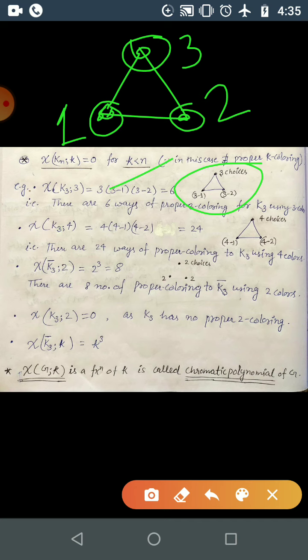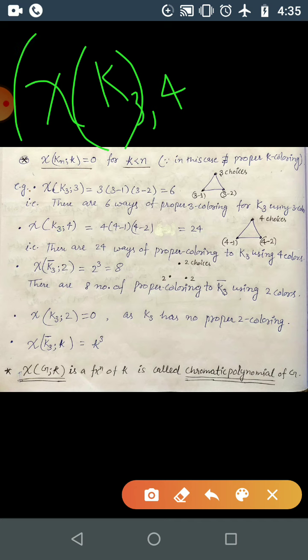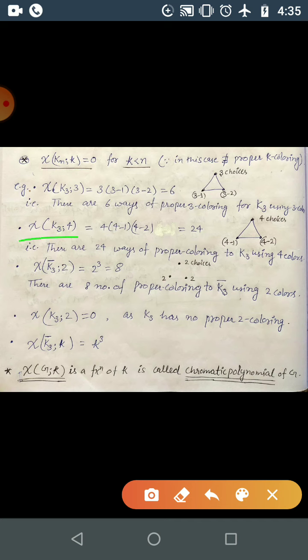Okay, when 4 colors are given, then among 4 colors, how many ways of proper coloring are there for K3?